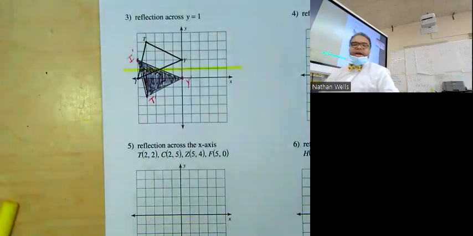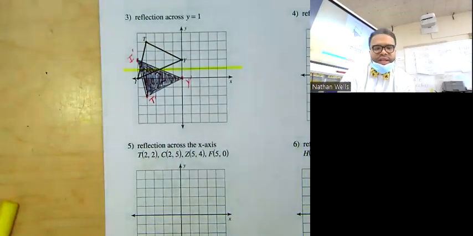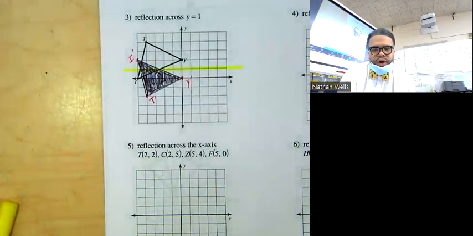And there is my reflected image. I really hope this helps.